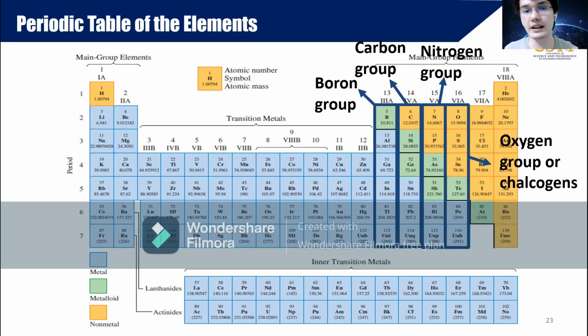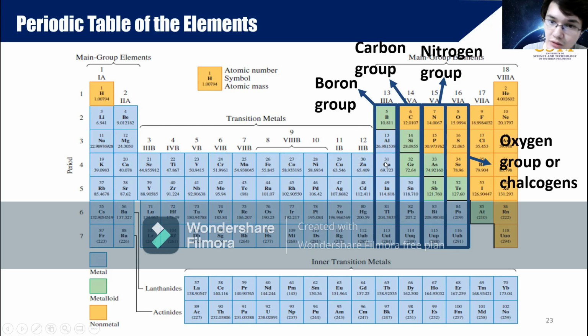Fourth, we have the boron group, which gives out 3 valence electrons for bonding. They are common in that they share similar properties. The difference is boron, which exists as a metalloid, meaning it is in between a metal and a non-metal.